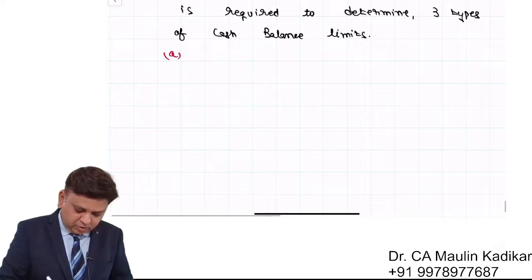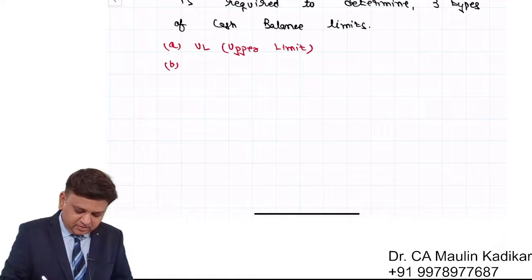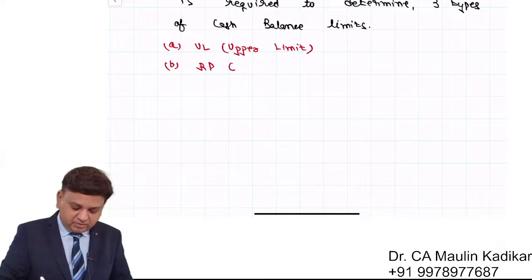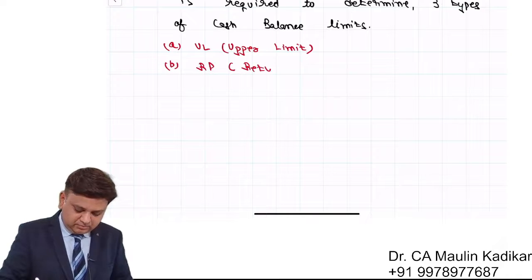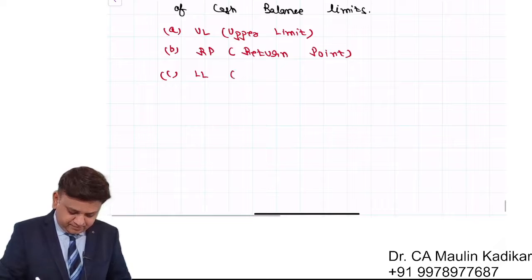A. UL, in bracket write down upper limit. B. RP, in bracket write down return point. C. LL, in bracket write down lower limit.